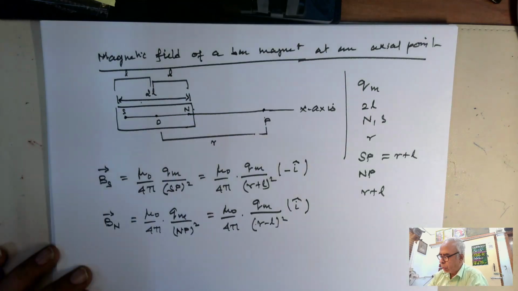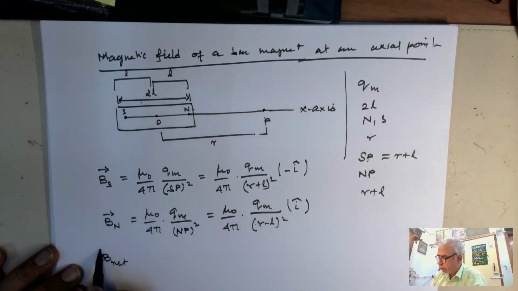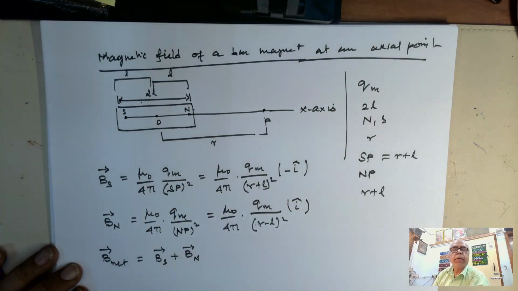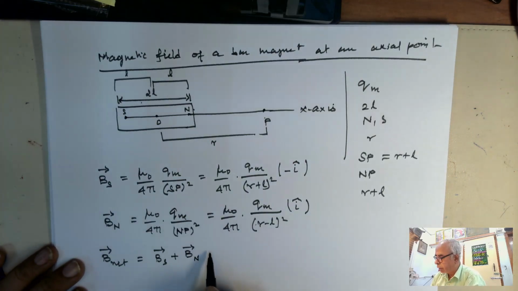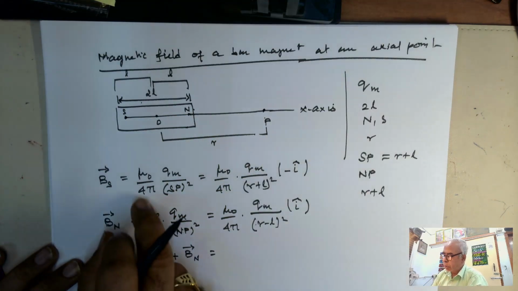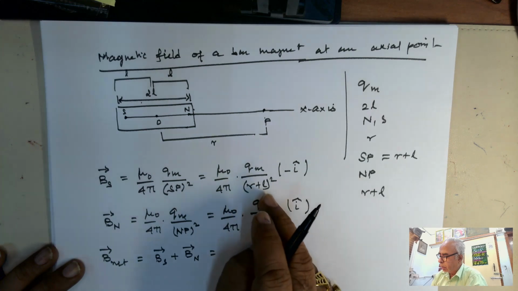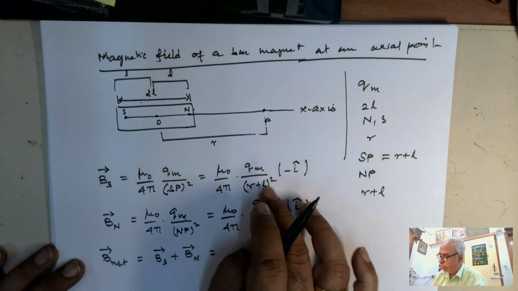Now we need to add both. So the net magnetic field vector is the magnetic field due to the south pole plus the magnetic field vector due to the north pole. Now let us add these two equations. These are all constants, so you can take them outside the bracket: mu naught divided by 4 pi into Qm.